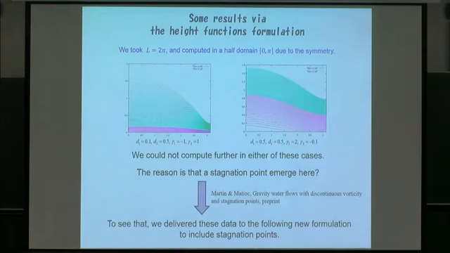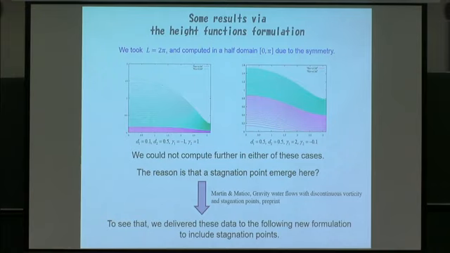This is an example of a result by the height function formulation. Starting from a trivial solution, we successively apply the Newton method and arrive at these solutions.